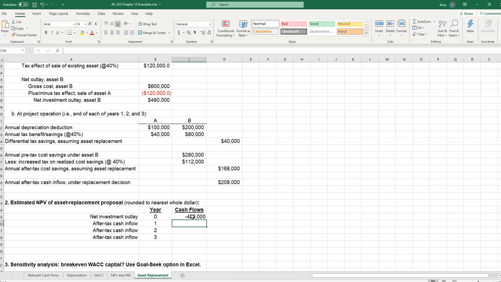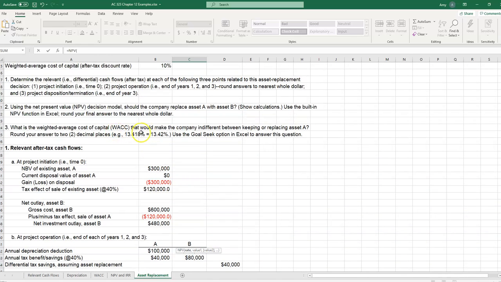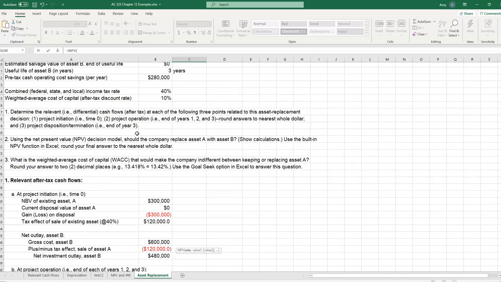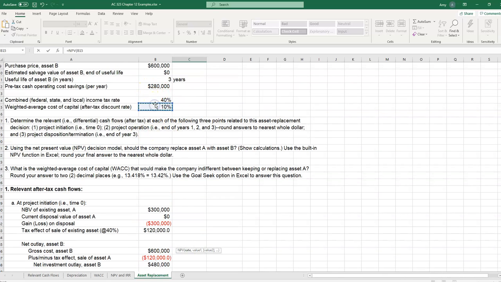The net present value of that replacement: we have the negative $600,000, or negative $480,000 after the tax shield from the loss, and then our inflows of $208,000. And now we have the net present value. Our rate is 10%.